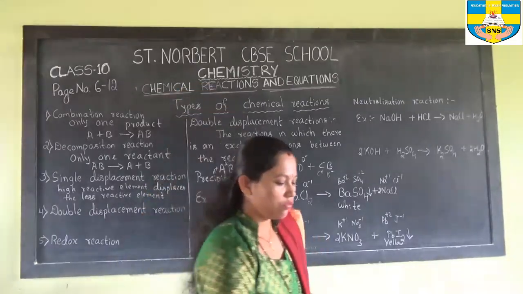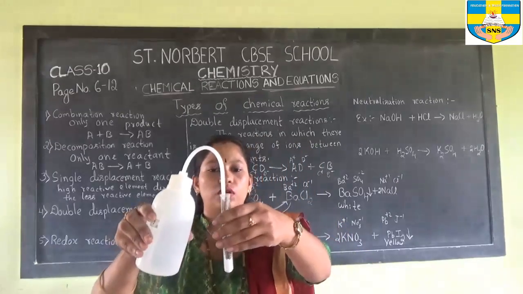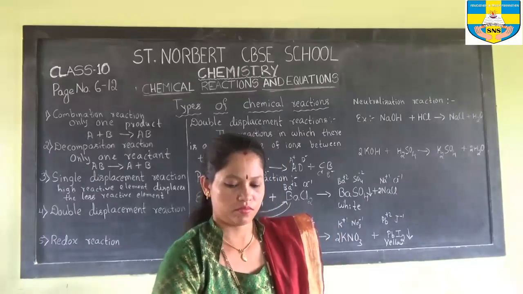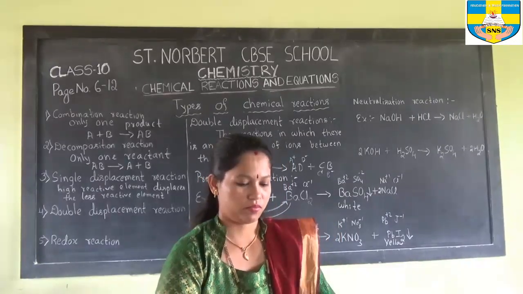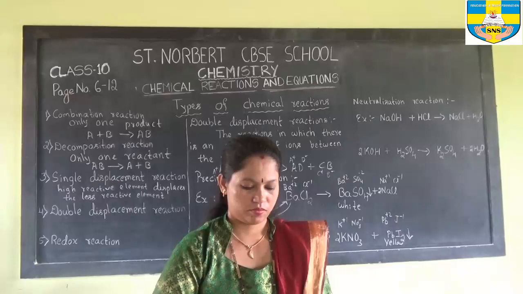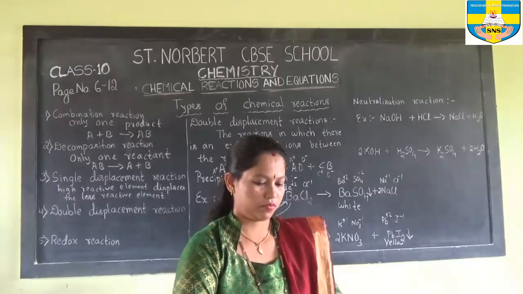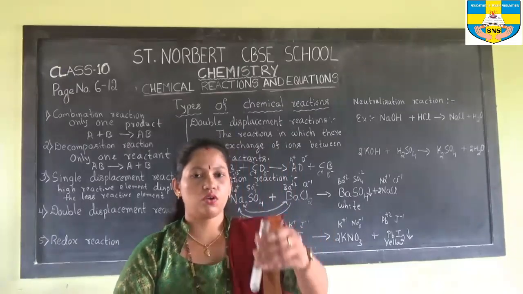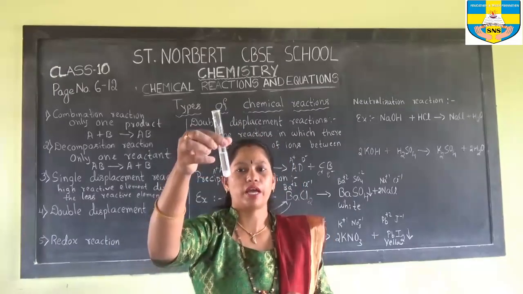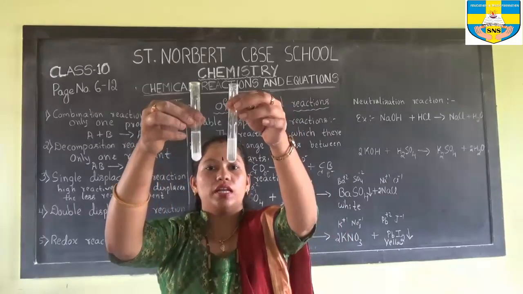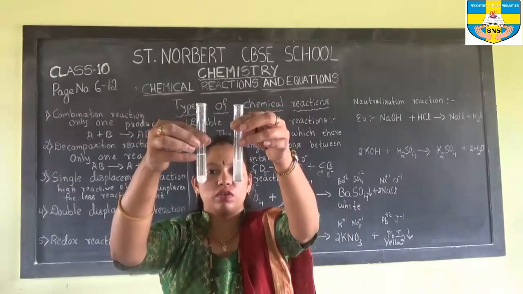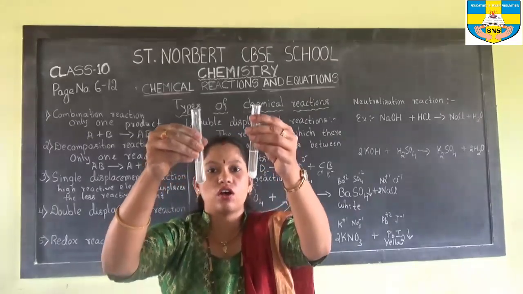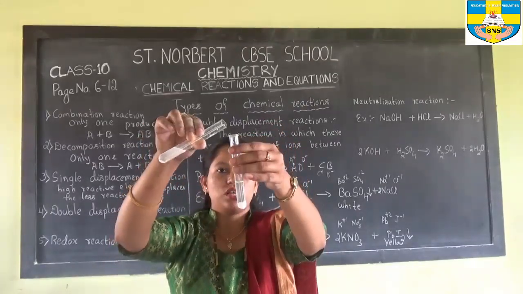We make the potassium iodide solution. Now the lead nitrate and potassium iodide: the lead nitrate solution is mixed with the potassium iodide solution. There is an exchange of ions that takes place. Now see the reaction.